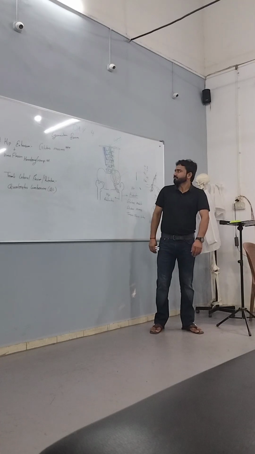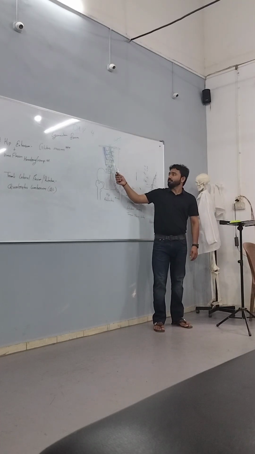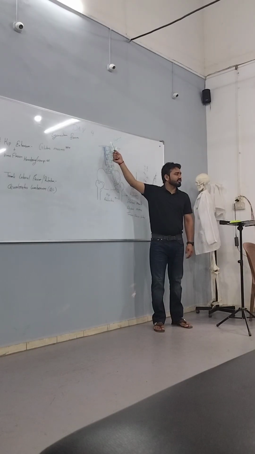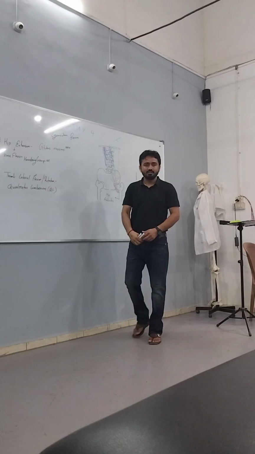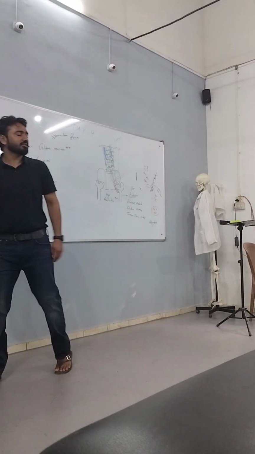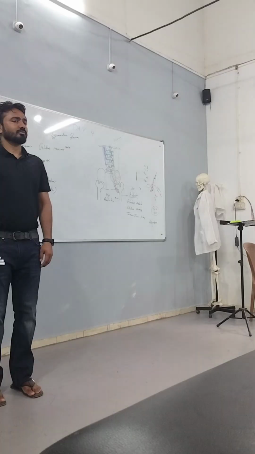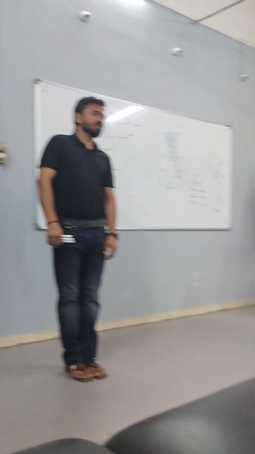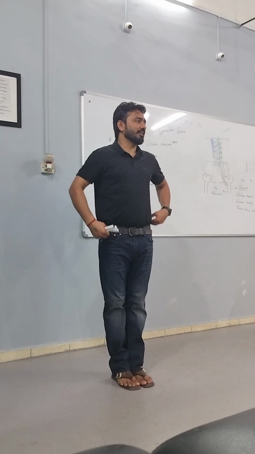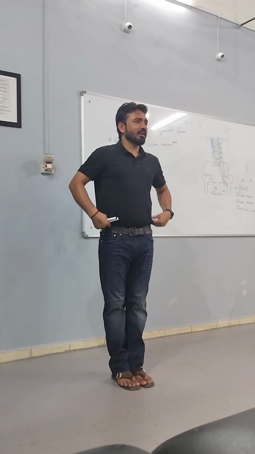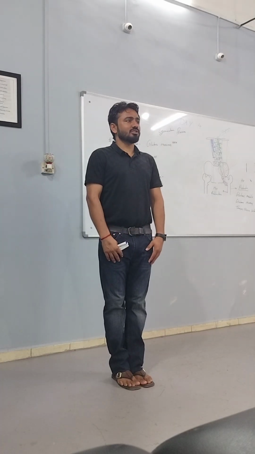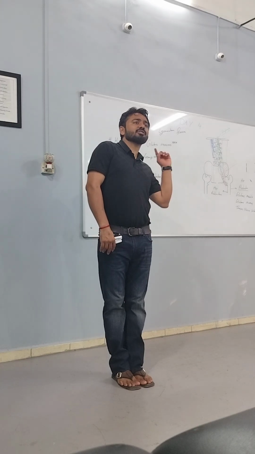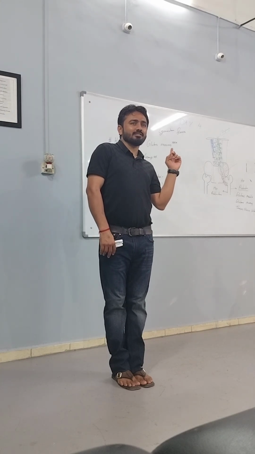Okay, the first filaments go from L1, L2, L3, L4 to the floating rib, which is the T12 rib. So what is the function of this filament? When the patient is standing straight and I move only my rib cage, not moving my hip or the full trunk, then this muscle is functioning.